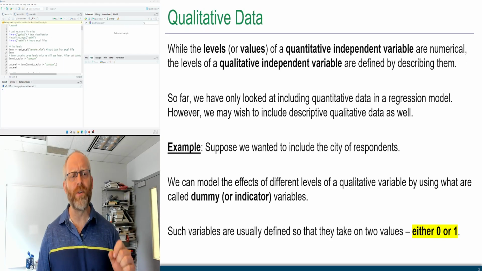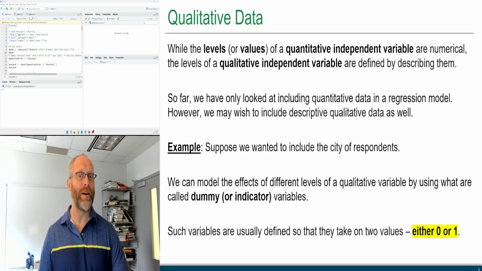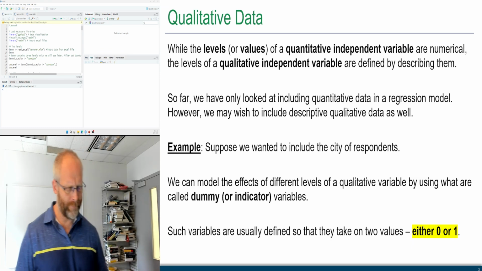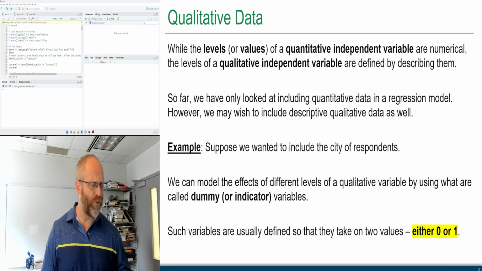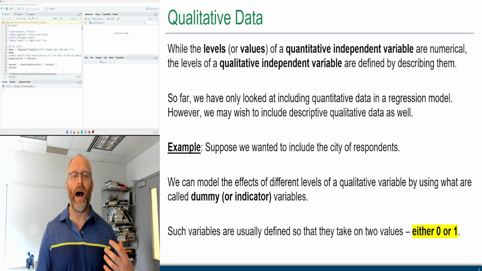Such variables are defined so that they take on only two values: either 0 or 1. It doesn't matter how many levels we're dealing with. We'll talk about what happens when we have more levels. When we include these variables in our model, we can consider them either on or off: 0 or 1, true or false, that is it. We're going to start with easier examples, when we only have 2 levels, then move up to 3 levels, and then generalize from there.